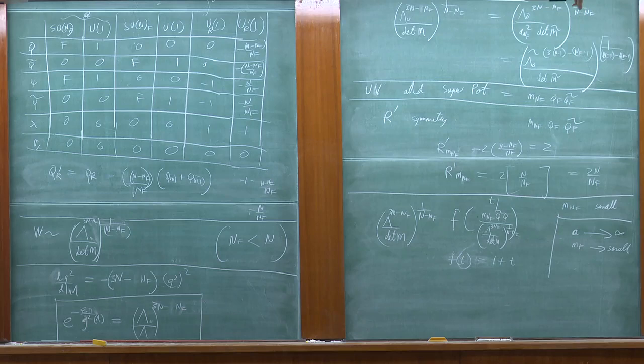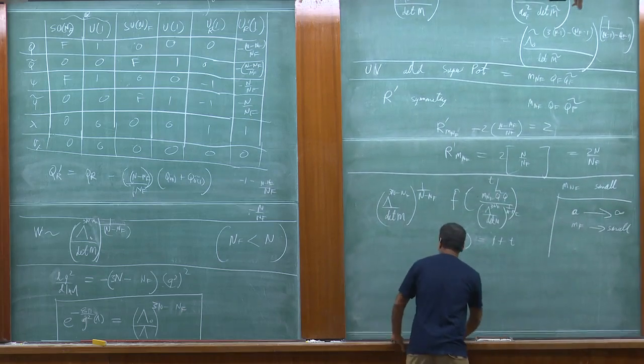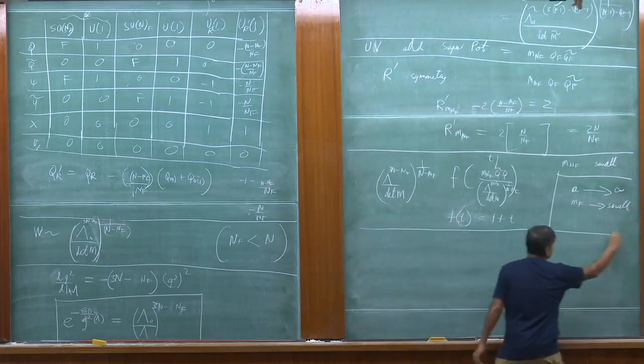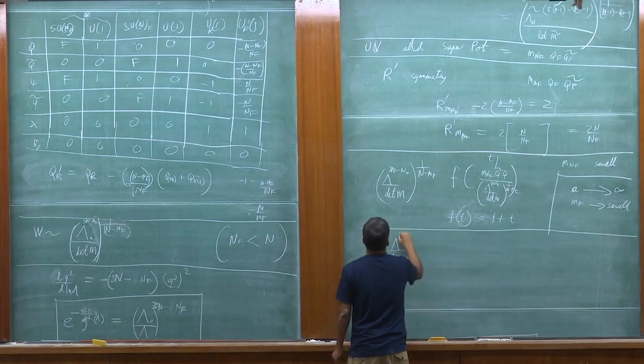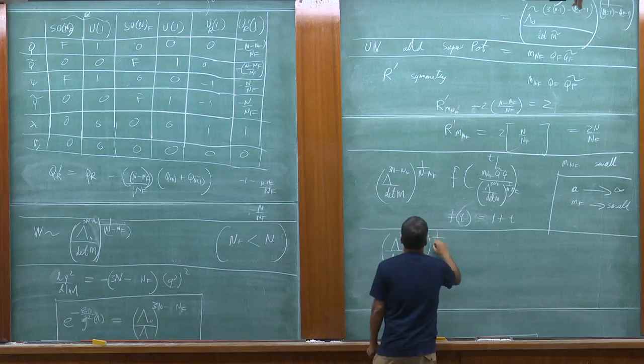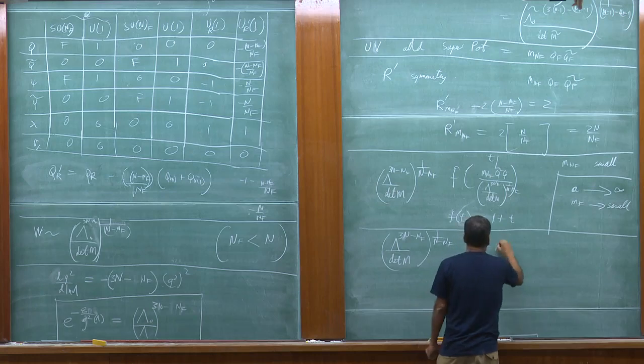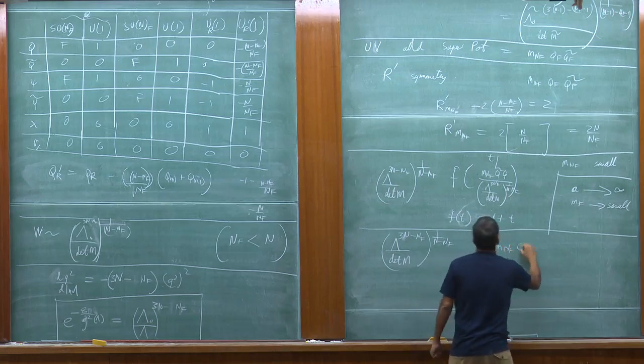So the final claim at the end of all of this is that the full superpotential of this theory is lambda, det M to the power 3n minus nf, to the power 1 over n minus nf, plus m nf Q tilde Q.